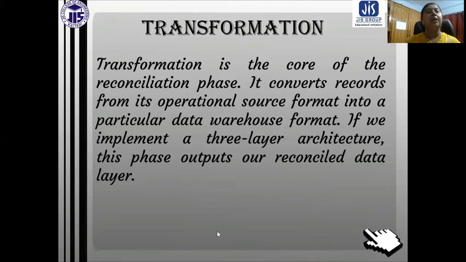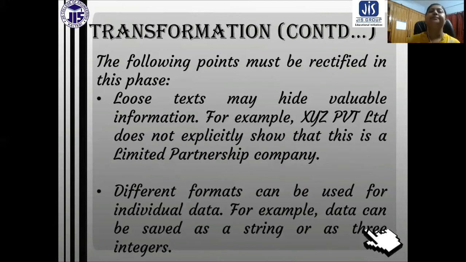Okay. In the extraction portion, we select and extract only the data which is important for us. But after that, that data comes in a shape into the transformation part. So these are the following points that must be rectified in this phase. Loose text may hide valuable information. For example, XYZ Private Limited does not explicitly show that this is a limited partnership company.